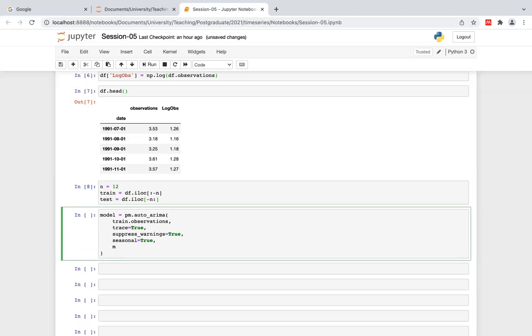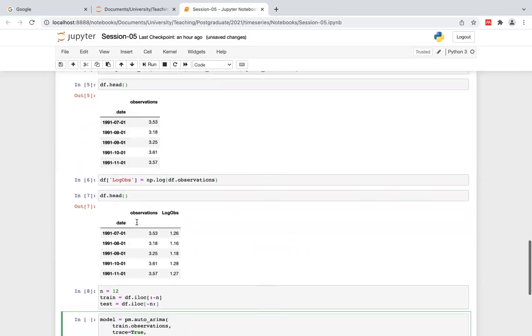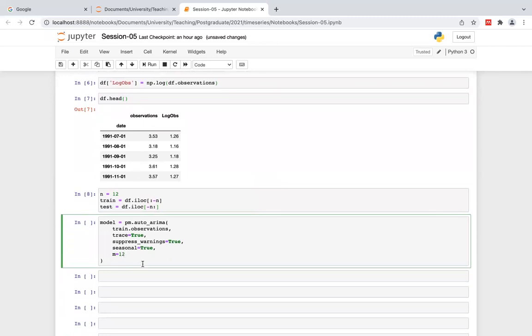I set it to true because that's what we are going to do in this model. Then we have to mention the m parameter, the seasonal period. I set it to 12 because in the previous data exploration, we used this data set for these 3 to 4 lectures, so we had some understanding of this data.